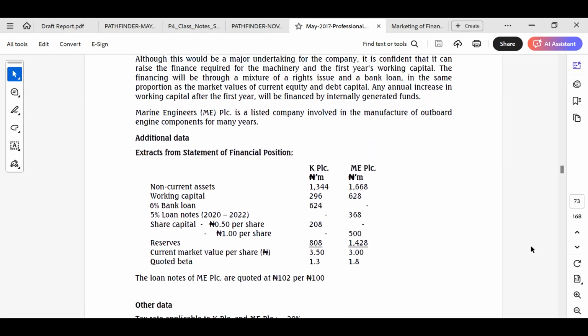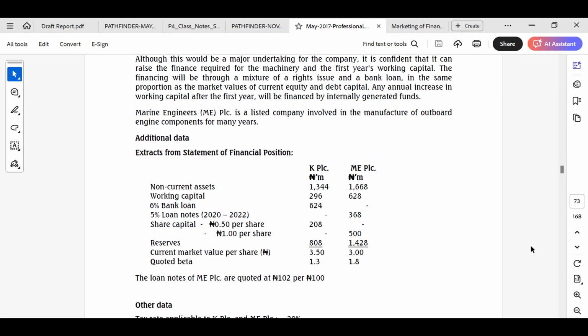Now, they have already mentioned inside the requirements about MEPLC. Look at it. Marine Engineers PLC, ME. It is a listed company involved in the manufacture of outboard engine components for many years. Additional data, extract from statement of financial position.